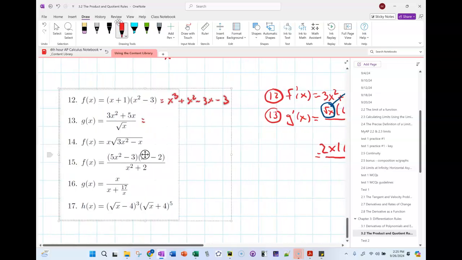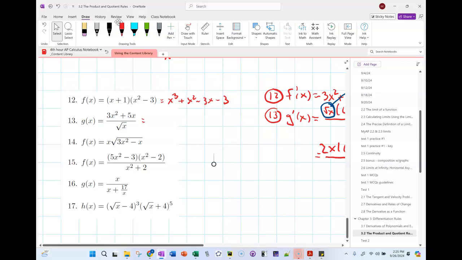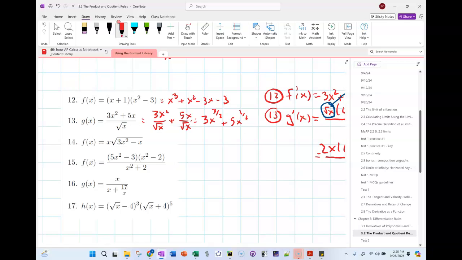So what I would have done is I would have broken this into 2 fractions with a common denominator. And then when I take the derivative, boy, that's a lot simpler, right?